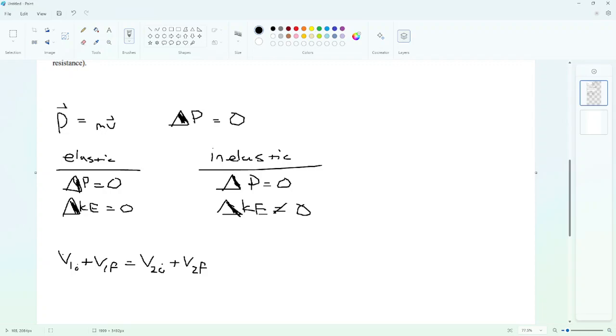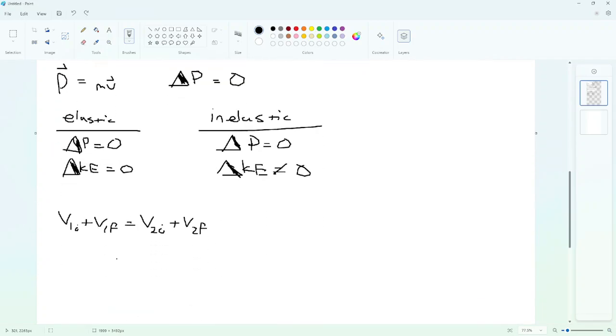Now, if you're dealing with a system with more than one object, you're not going to be able to use this equation, probably. Perhaps. I'm not sure. I haven't tried that yet. But only use this if you are dealing with two objects and it's an elastic collision. I should not see this in inelastic collisions, or else you'll get an inelastic grade. What does that mean? I don't know.